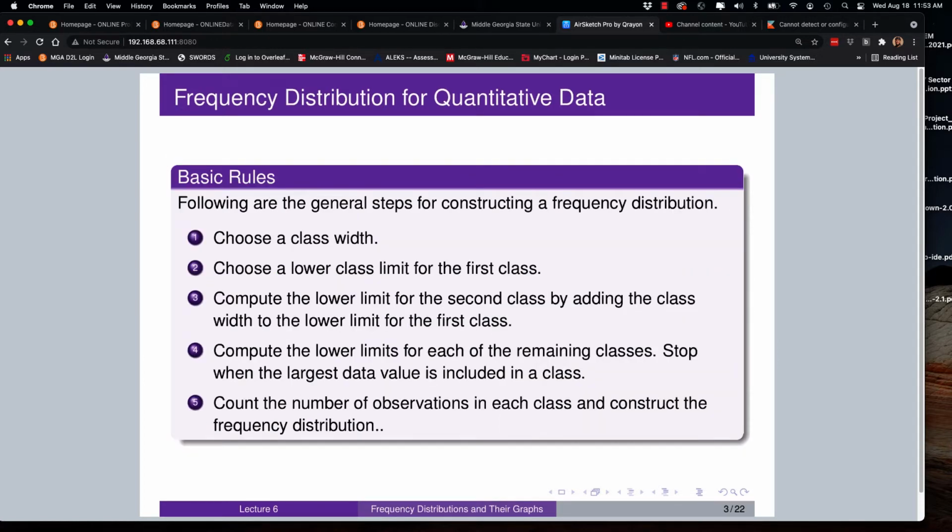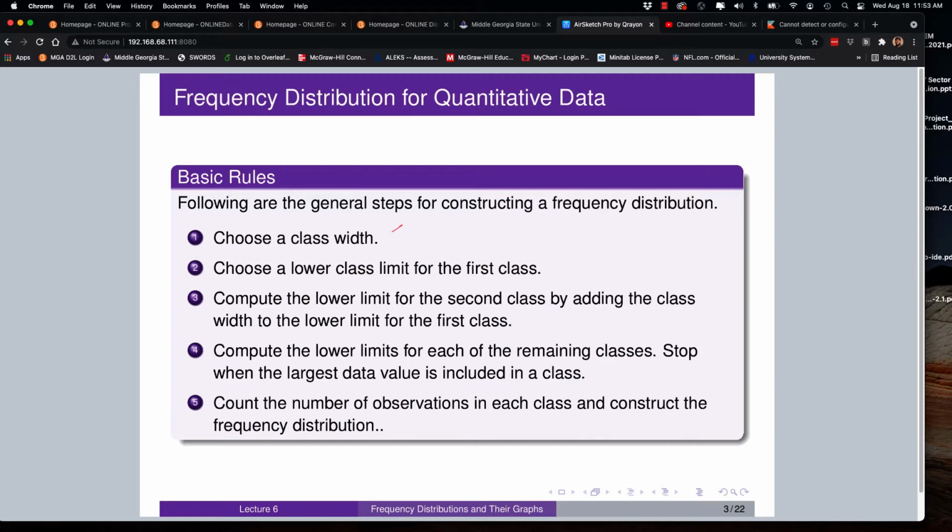So here are some general rules of thumb for choosing your class width and choosing a lower class limit for the very first class, because once we do that, the rest of it just kind of flows out of those two things alone. When you choose the class width, you can just choose any number you want, really. You can say, I want each class width to be 2 or 4 or whatever.